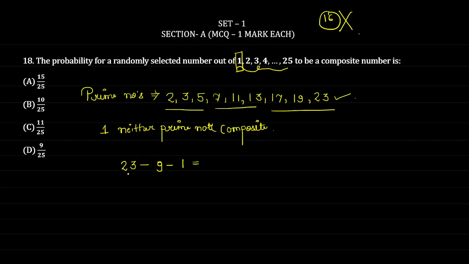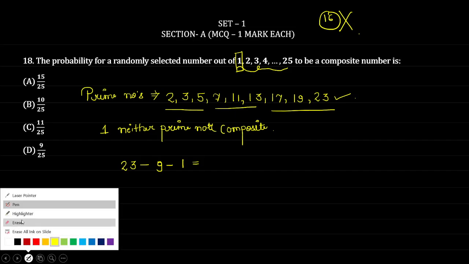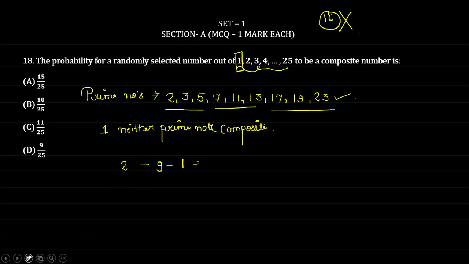Oh sorry, not 23, 25. So that will be 25 minus 10, and that is nothing but 15. That means 15 composite numbers are there.